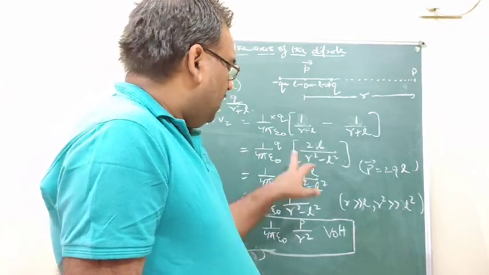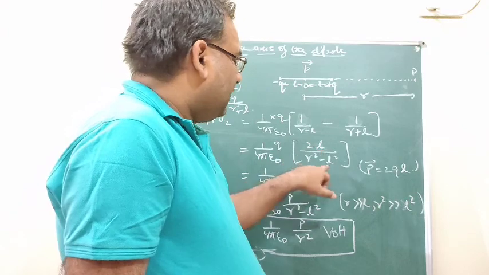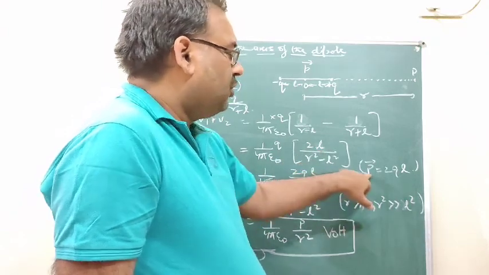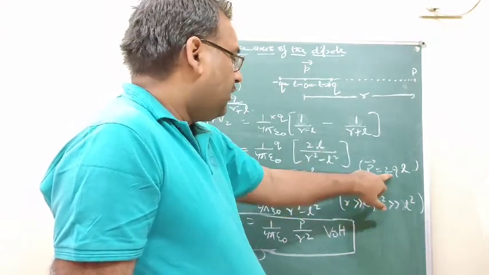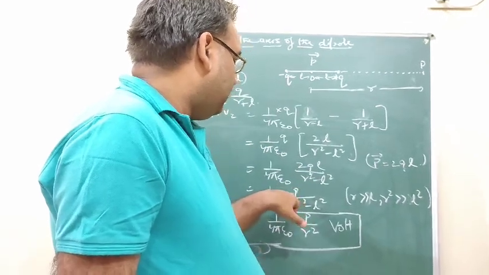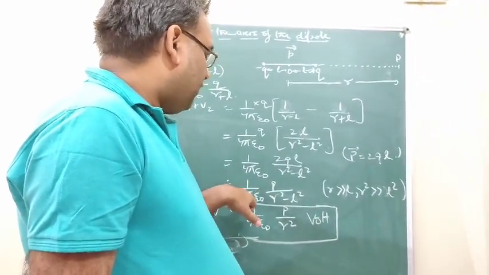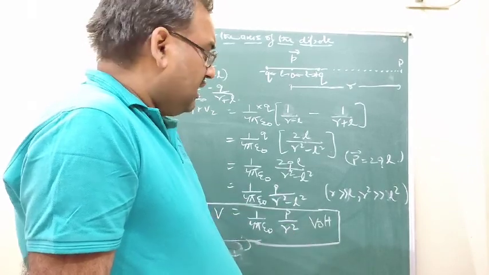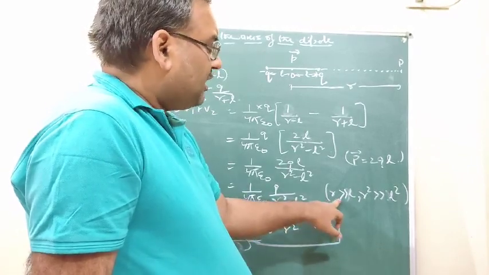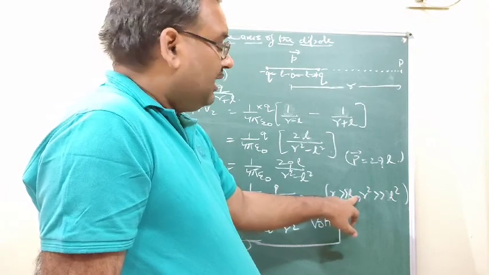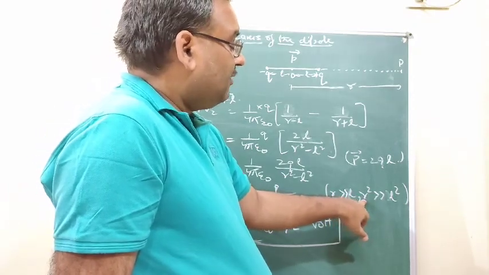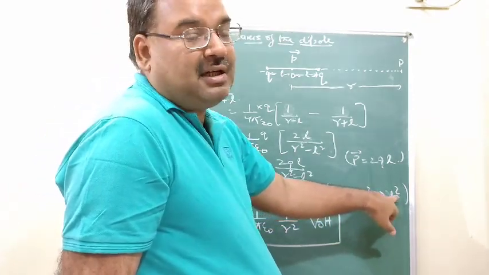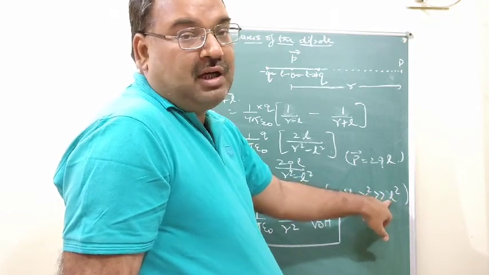Now, Q into 2L, that is 2QL, is equal to the dipole moment. So, instead of 2QL, we substitute the value P. 1 upon 4 pi epsilon naught, P upon R square minus L square. Since R is much greater than L, the square of R will be much greater than L square. So, we can ignore L square.